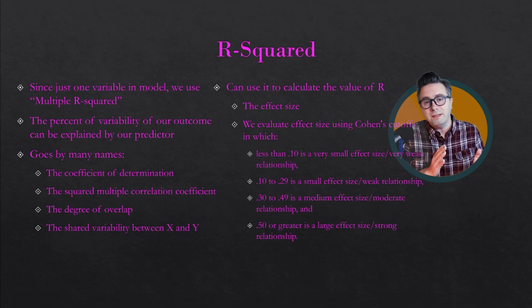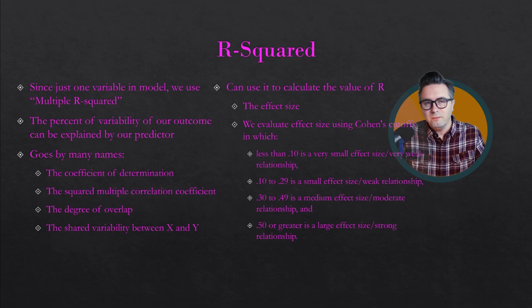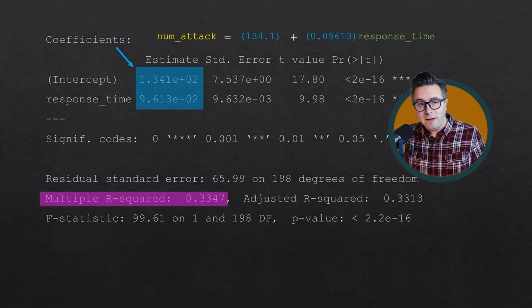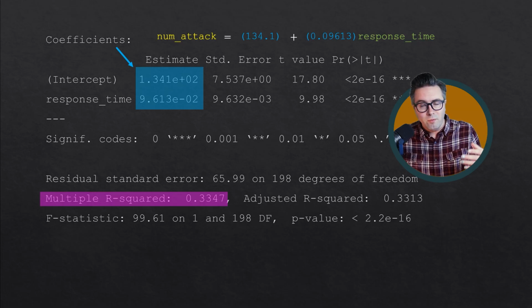I'll just say that once, because R is either positive or negative. It depends upon the slope, that's really going to be tied to it. For instance, the slope here is positive, right? It's 9.613 times 10 to the negative 2, or as I put it before, 0.09613.